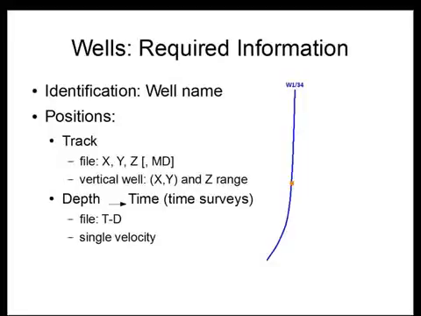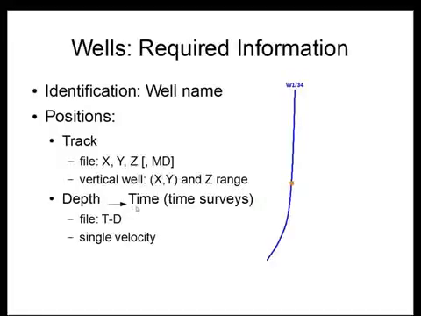With a well, it's quite easy to understand. You have a well name that identifies the well, and for the positions you have an X, Y, and a Z, and maybe a measured depth, which is actually internally the thing that we hook everything up to, but we can also calculate that. The thing is, in some cases you need more.